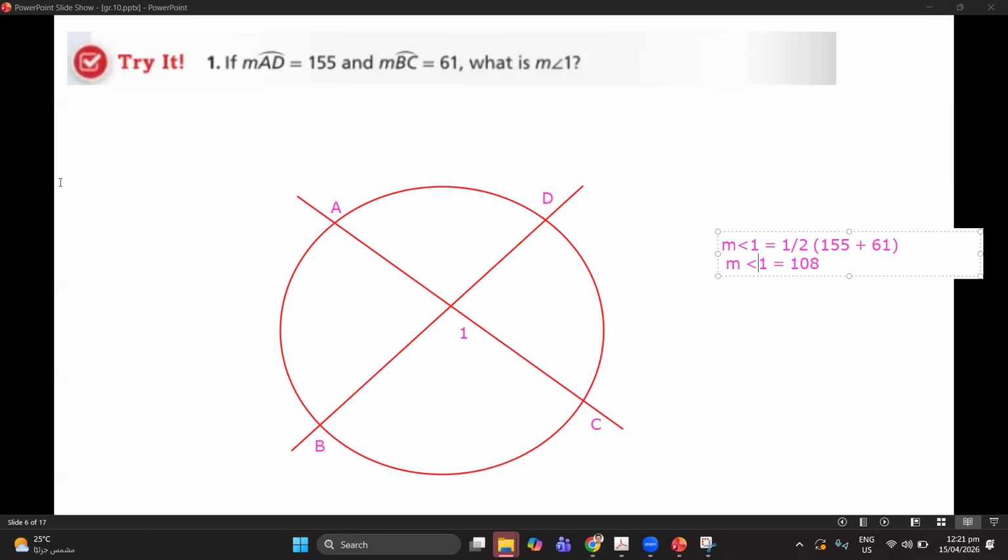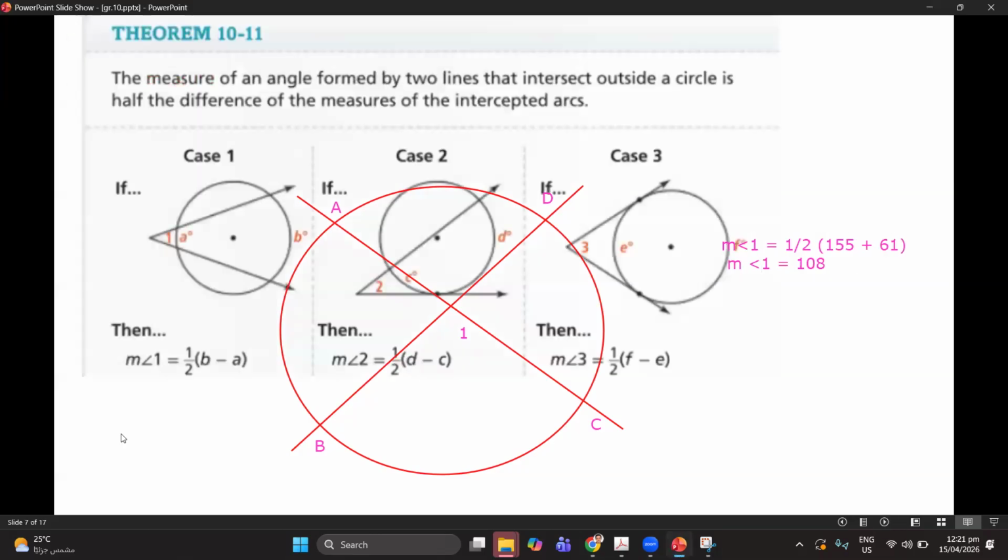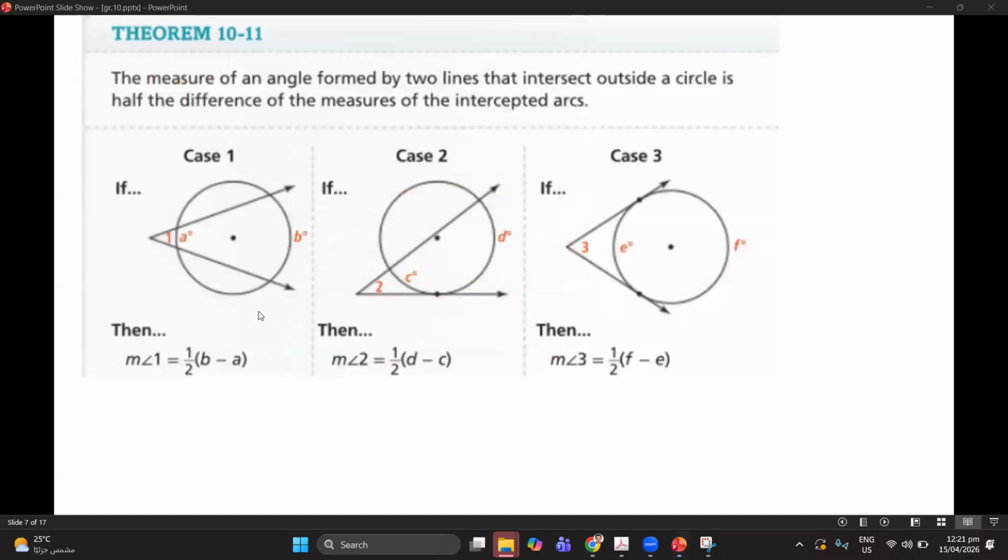So next now. In theorem 10.10, we said that if two secants intersect inside a circle, the measure of the angle will be half the sum of the two arcs.